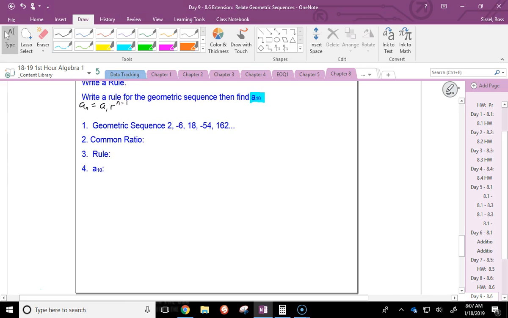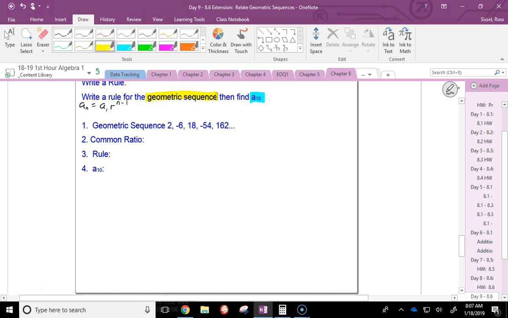Write the rule for the geometric sequence, then find the 10th term. I already wrote out the equation. Guys, follow along. I already wrote out the equation that we need for a geometric sequence.